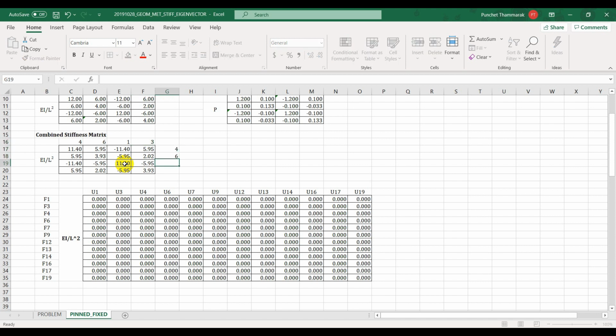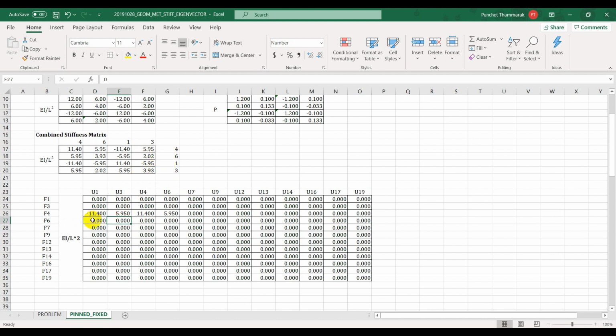So it's going to be a little hectic, right? 4 is equal to this. 4, 6, it is this one. 1, 3. 1 and 3. 4, 6, 1, 3.